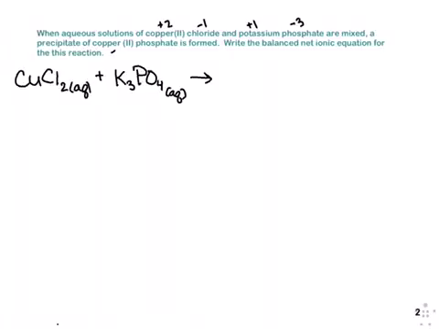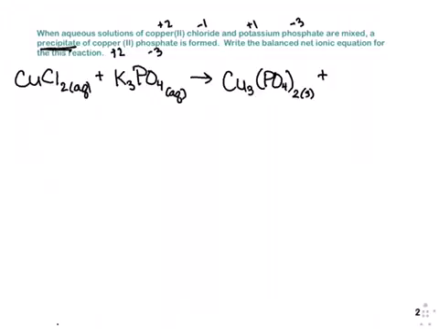So copper 2 we said was +2, phosphate we said was -3, so that means it needs to be Cu3(PO4)2. And it tells you it's a precipitate, so what state do you put behind it? Solid, or S. And then what is our other product? It doesn't tell you, but you should be able to figure it out.